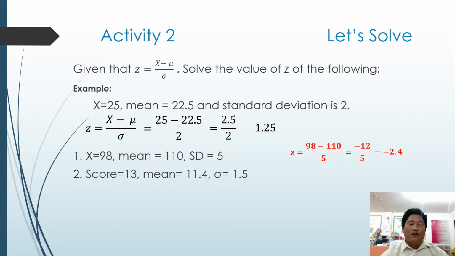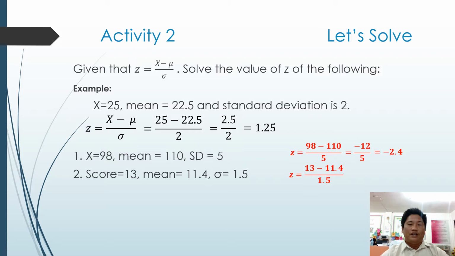Next, a score of 13, a mean of 11.4, and our standard deviation with the symbol of sigma, which is 1.5. Use the formula. By substituting the values, we have here z is equal to 13 minus 11.4 all over 1.5.